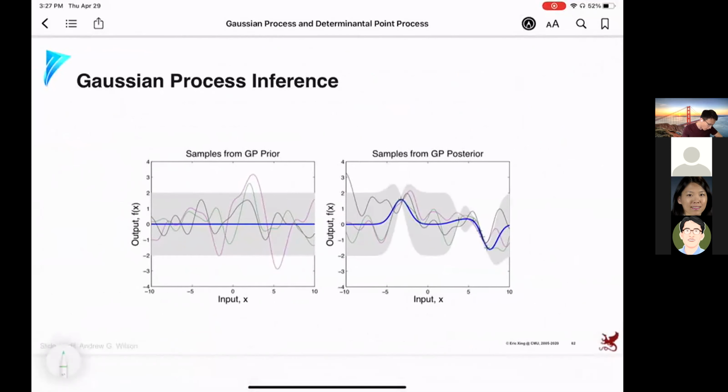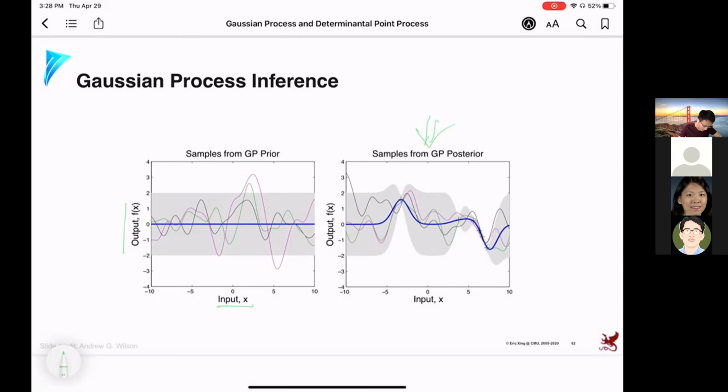So when we do only the Gaussian priors, in this case, we have this input X, and then we want to fit the prior. It is rather random, like all different colors here show different function samples we can draw from this prior. After we observe some input X, we can draw from the posterior distribution, which is shown on the right here.